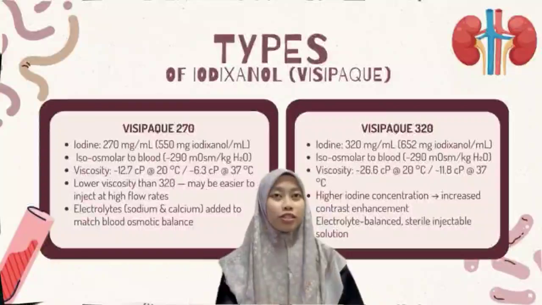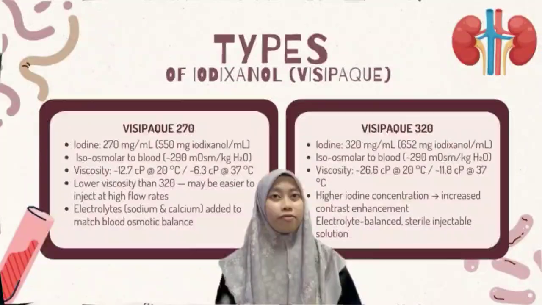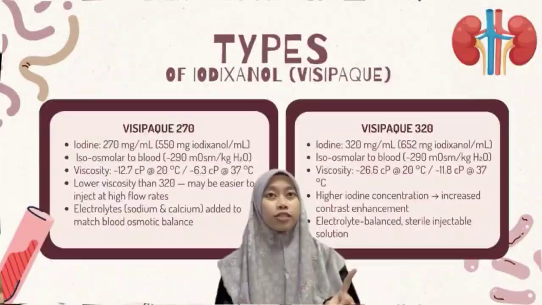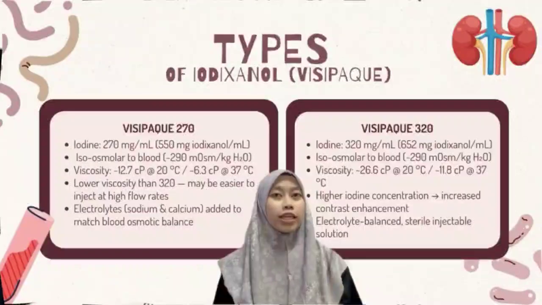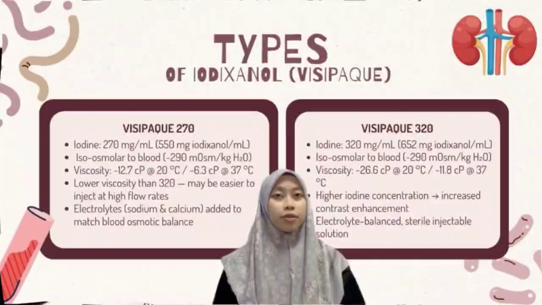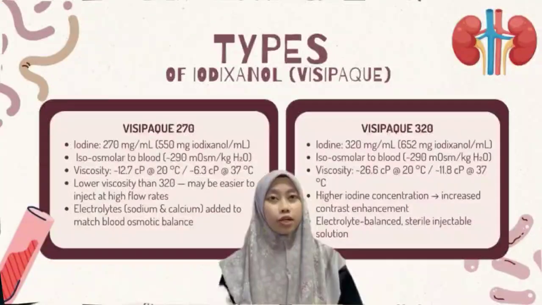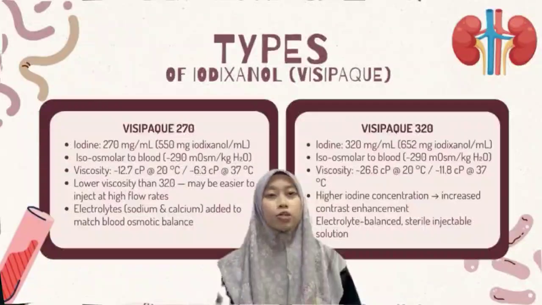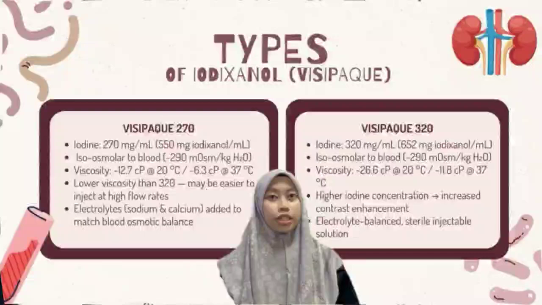There are 2 main strengths of iodixanol available under the brand name Visipaque, which are Visipaque 270 and Visipaque 320. Visipaque 270 contains about 270 milligrams of iodine per milliliter, equivalent to about 550 milligrams of iodixanol per milliliter. It is iso-osmolar to blood, meaning its osmolality is similar to plasma and helps reduce patient discomfort during injection.